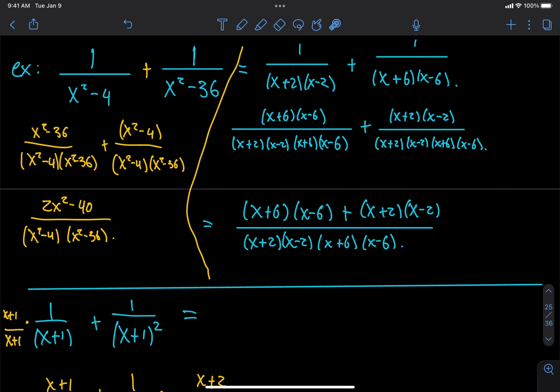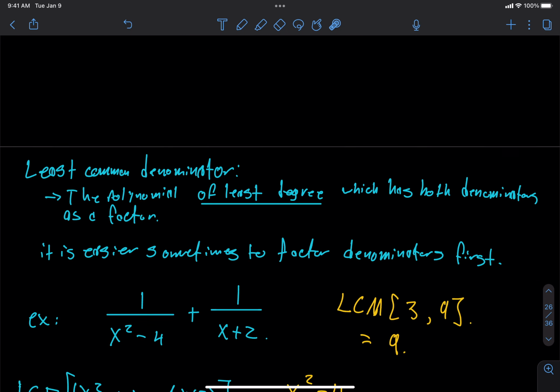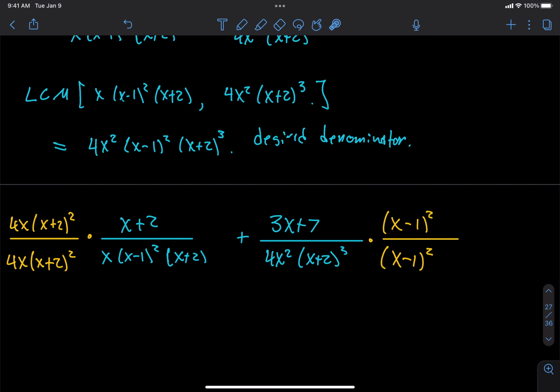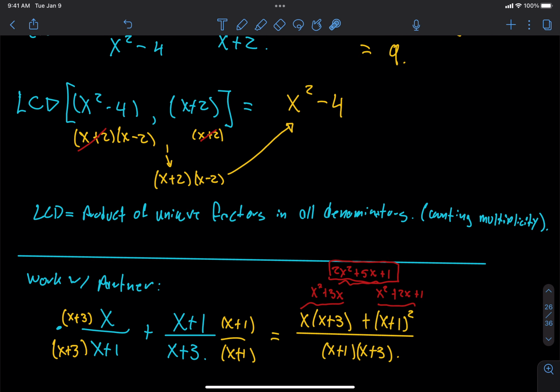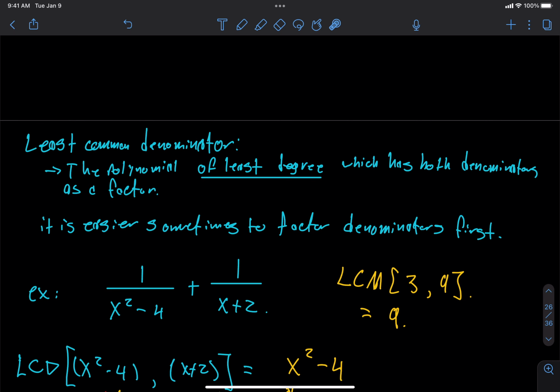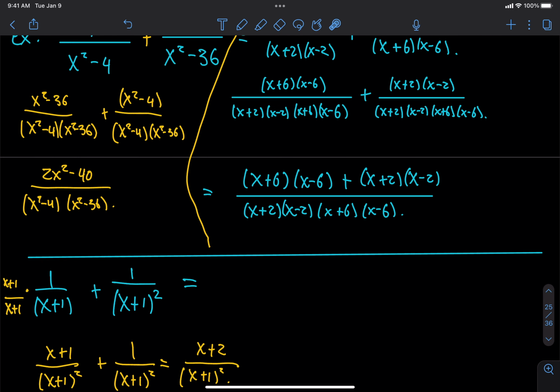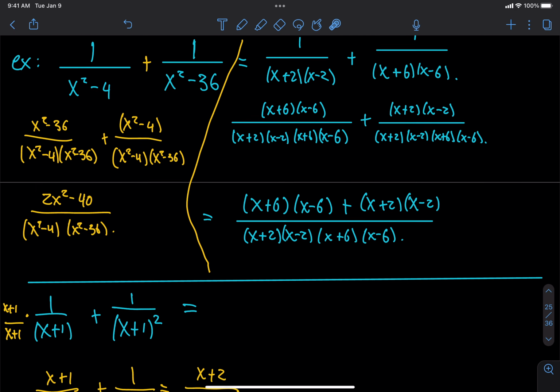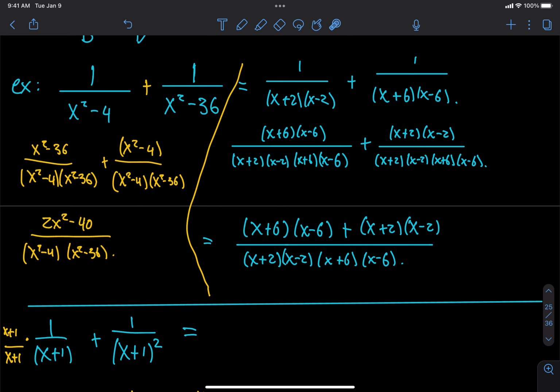So what do we do? What I like to do is start by factoring. Then you need to find the LCM of the two denominators, which means I take each fraction and multiply the top and the bottom by the missing factors.